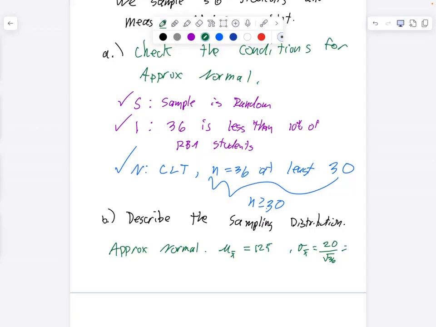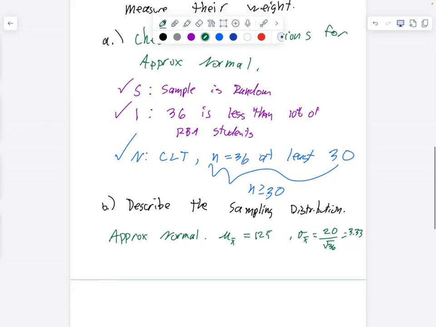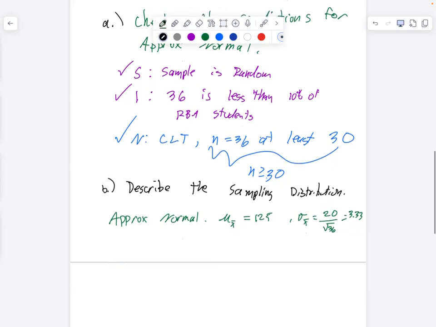What am I going to pull up right now? I'm going to pull up Desmos graphing calculator. I'll put this over here so you can see it. Functions, normal DIST.